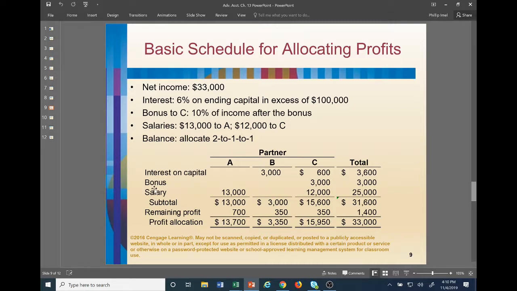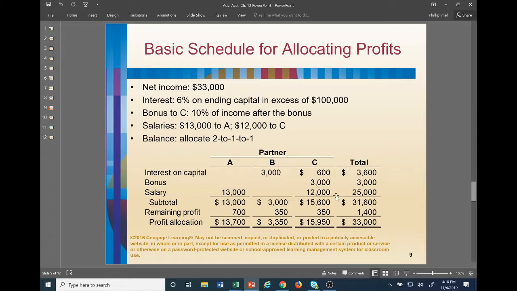Next, on the next line, we can see the bonus here. Partner C is to be allocated a bonus equal to 10% of partnership income after the bonus. So that's why partners A and B are being left out here, because it's only applicable to partner C receiving the bonus.